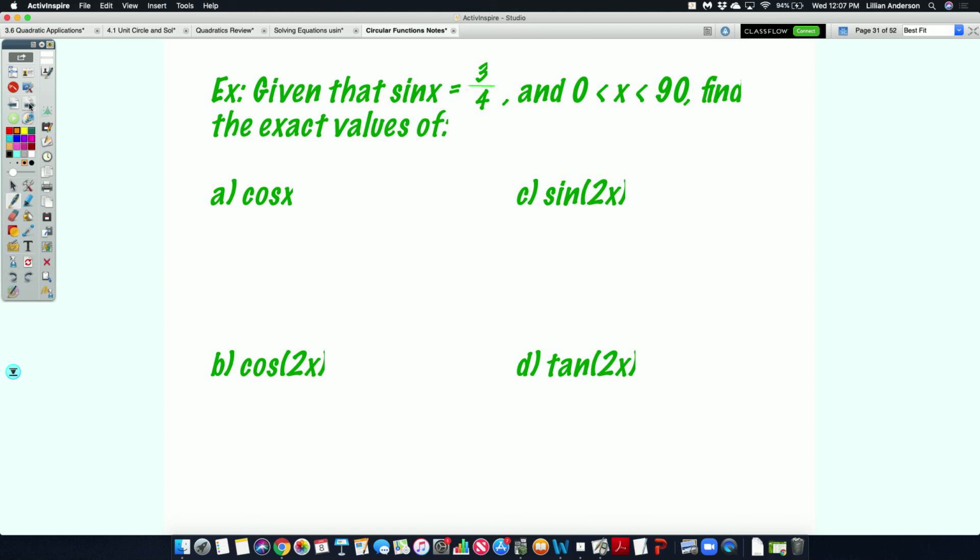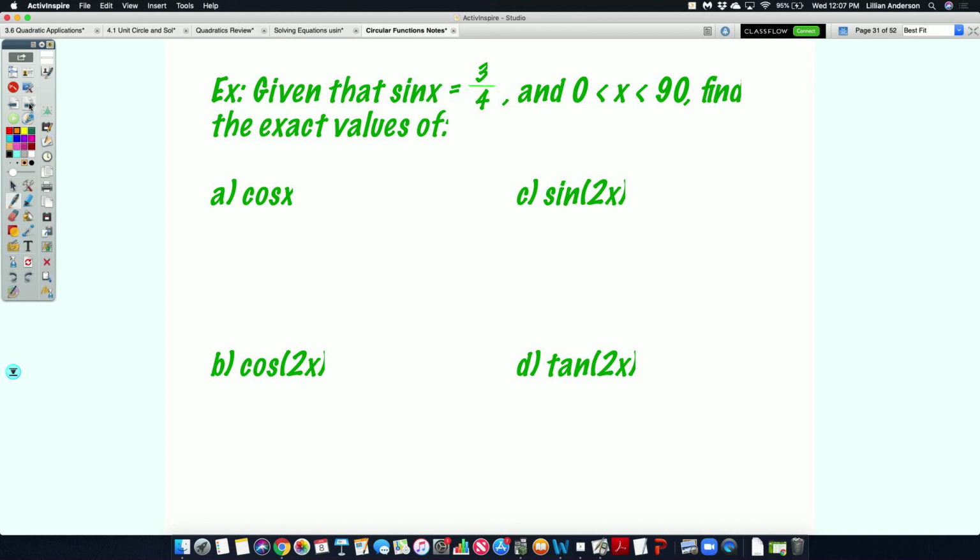We're given that sine x equals 3/4, and x is in between 0 and 90. We are going to find the exact values of these 4 that you see on the board. This is where you want to use your identities to help you find the value of cosine.